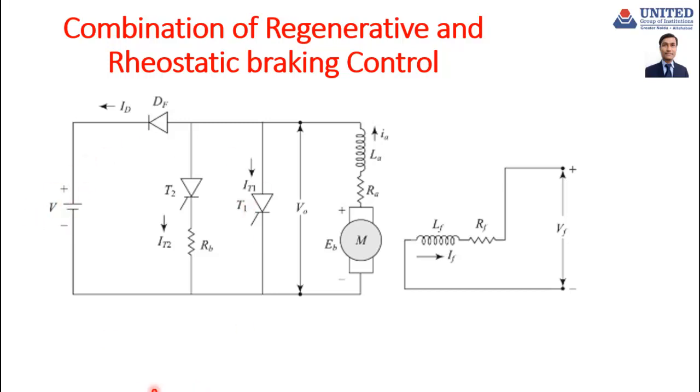Therefore, regenerative braking is energy efficient braking. If the DC supply is partially receptive, the combination of regenerative and rheostatic braking control will be the most energy efficient braking. This type of braking is practically suitable for electric traction.